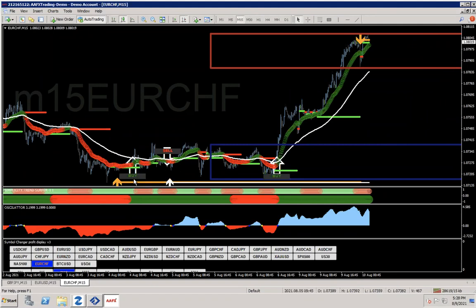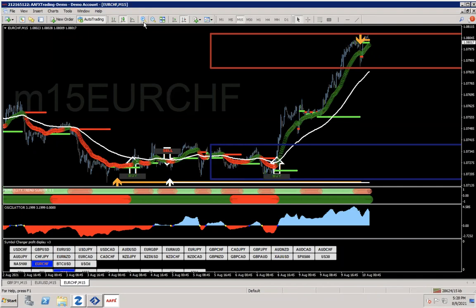It wasn't ready, right? The 4 hour and the daily are backing this up. We didn't really get a real clean break. Nothing ever really matched up. You could have gotten in right here a little bit. It gave you something, but it didn't give you a lot.